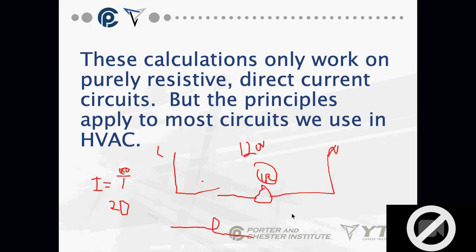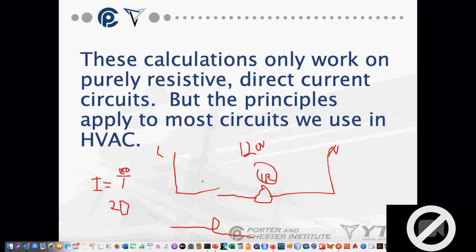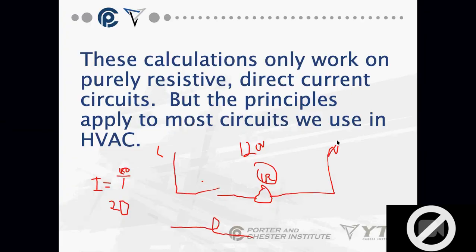So anytime I plug a coil of wire in, it generates its own resistance because the magnetic field around the coil creates resistance.